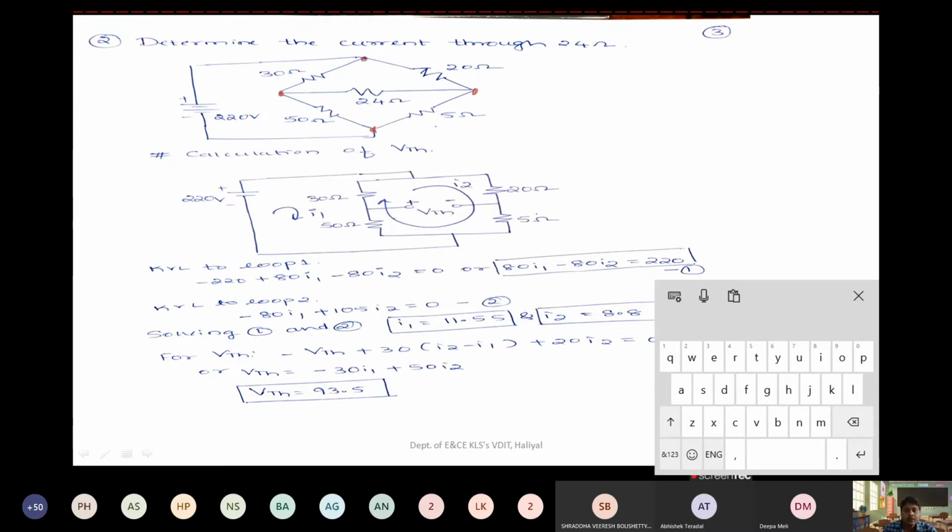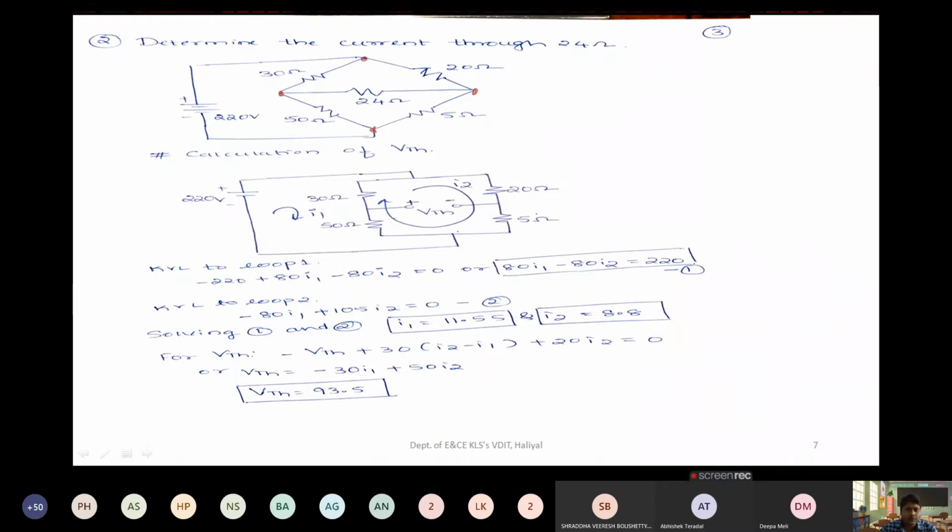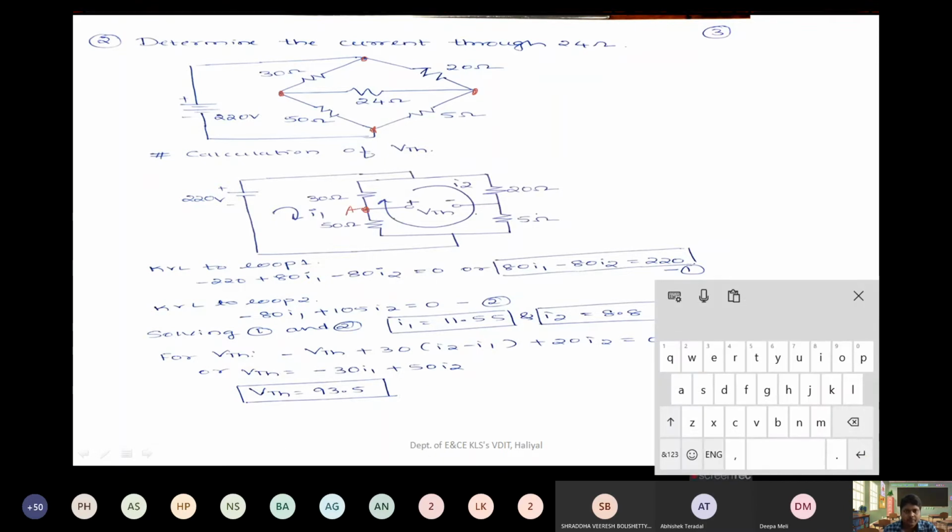Okay. So to calculate VTH, again you have to make the open circuit here. If you want to find VTH, there are plenty of methods for this network also. I will go through this method first, but also if you mark some points here like AB.